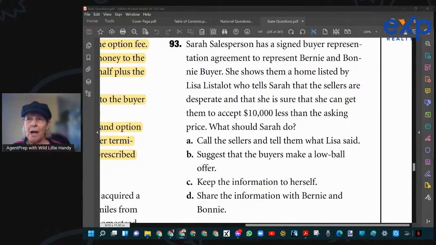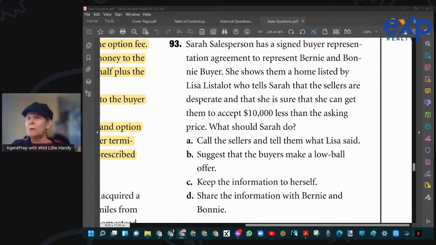And what is our job as a buyer agent? To get the lowest and best price for our buyer. So, hey, if they can offer 10,000 less, yippee, awesome. We just helped the buyer save 10,000, right? So yes, we disclose that.